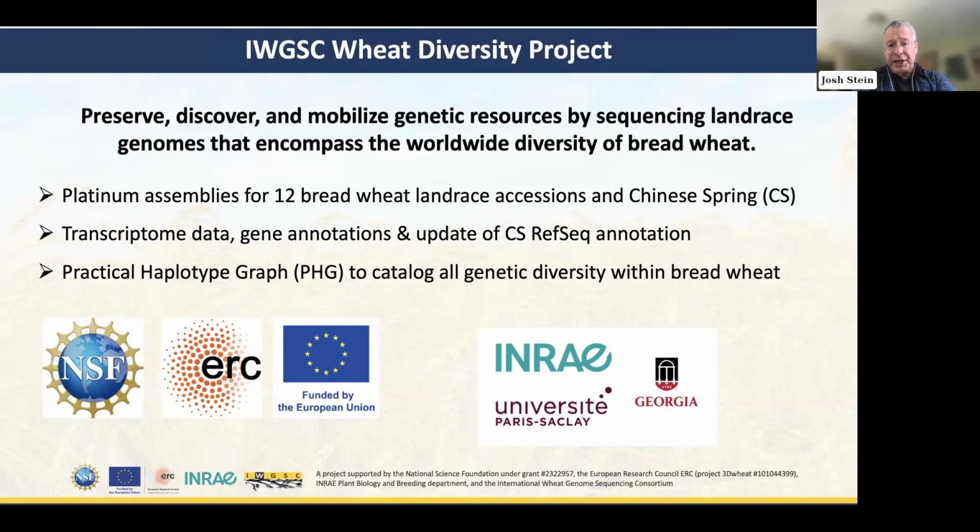This is also a very useful tool for imputation of genotyping, applicable to various breeding applications. Please stay tuned. This project will be releasing data over the next year and a half.